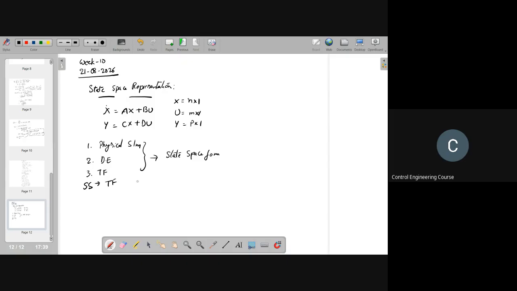Basically, it is nothing but TF is equal to C (sI minus A) inverse B plus D, where A, B, C, D are the matrices from the given state space representation.